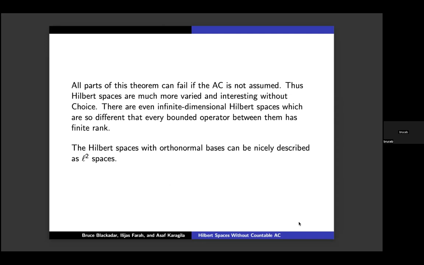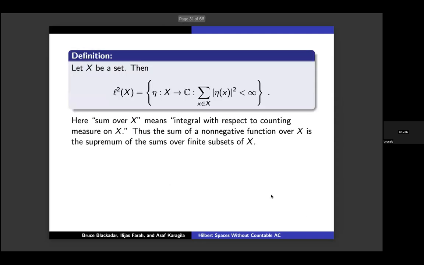Now, the Hilbert spaces that do have orthonormal bases, you can nicely describe as L2 spaces. So here's the definition of L2 of a set X. And what do we mean by the sum over X? Well, we take it to mean the integral with respect to counting measure. So if you have a non-negative function on X, then the sum is just the supremum of the sums over finite subsets of X. So for any function from X to the complex numbers, this sum is well defined, and if it's finite, then it's an L2 function.